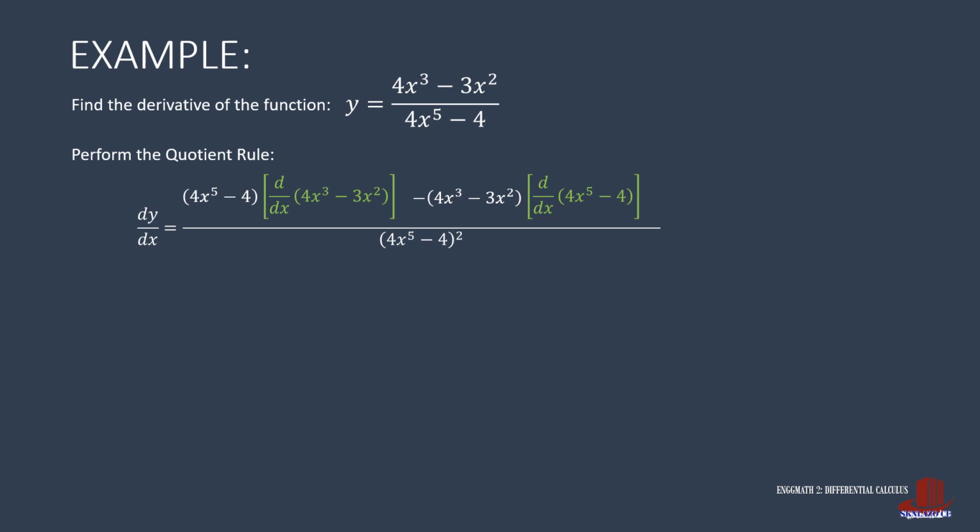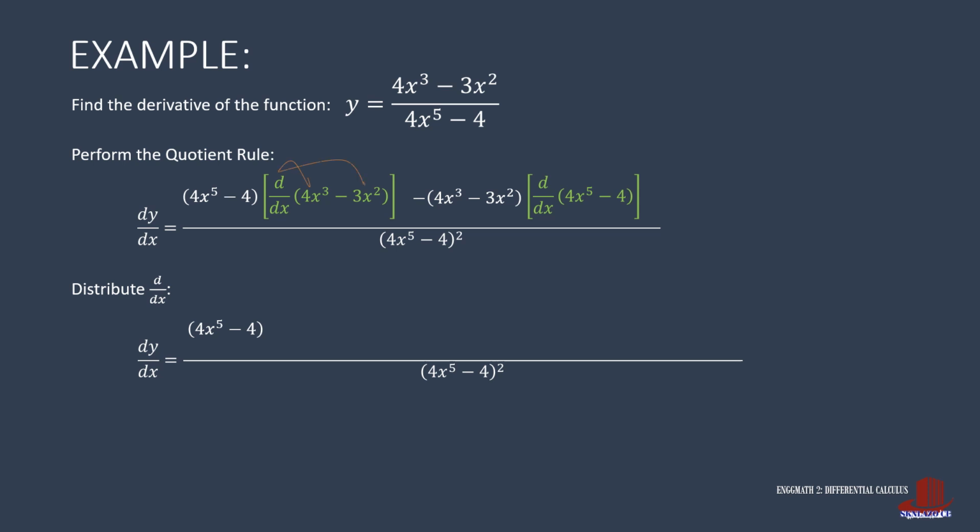Further solutions come from the derivatives only, so distribute d over dx among the terms. The derivative then becomes the copied lower term times the quantity with d over dx of 4x cubed minus d over dx of 3x squared.